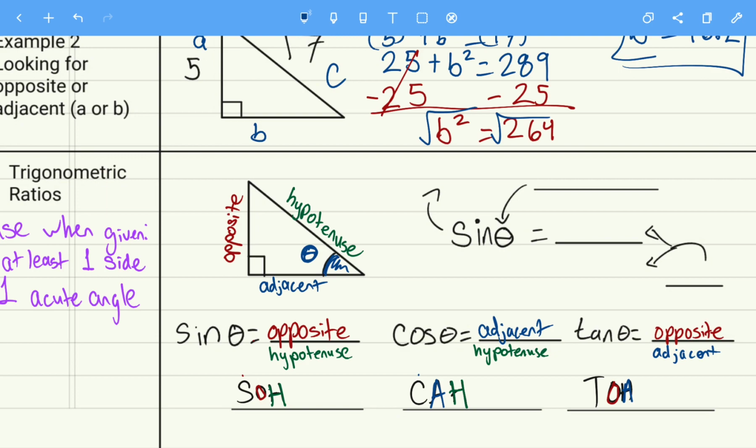Now, what do each of these pieces mean? Because there's a lot of information given in each ratio. So the sine, or if you have cosine or tangent, that is just the trig function that we're using, or trigonometry function.